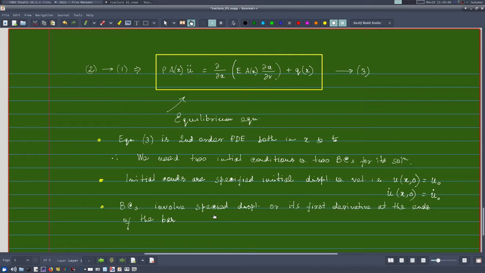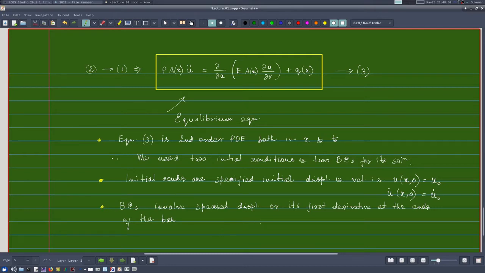Now you see, the specified displacement will be a displacement boundary condition, whereas the specified derivative of displacement, because it is related to strain, and strain can be related to stress and finally force, is ultimately related to applied force at the boundaries.